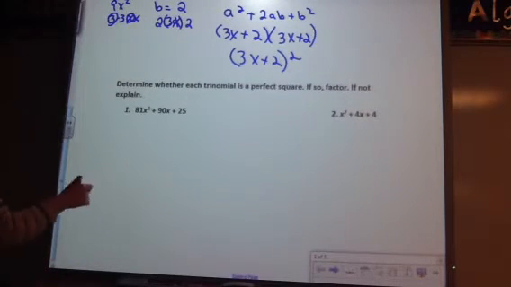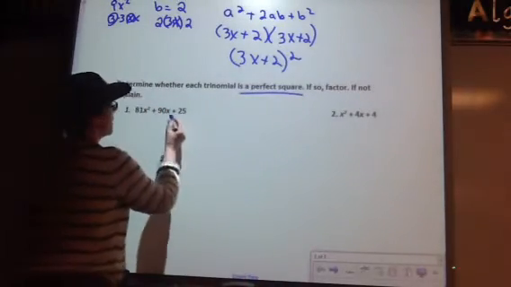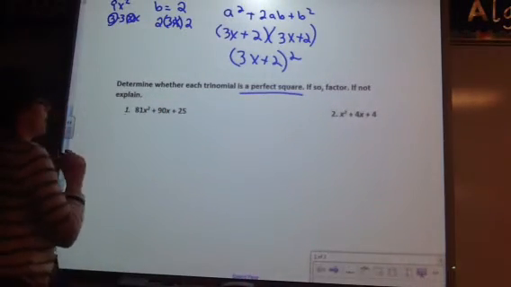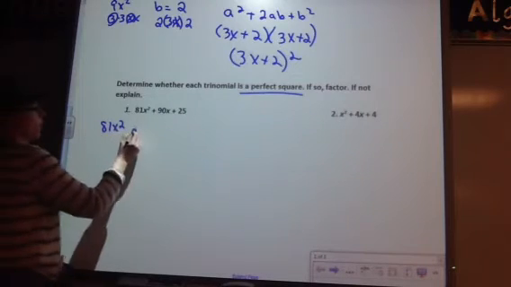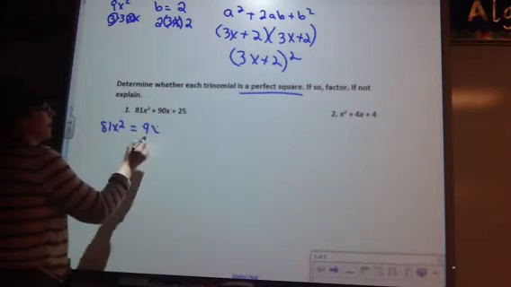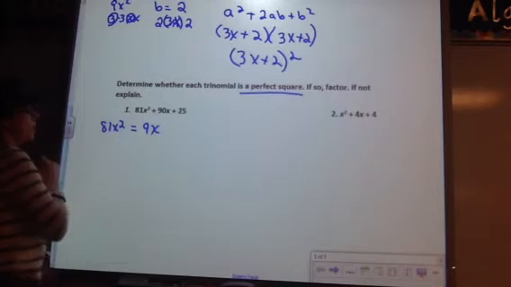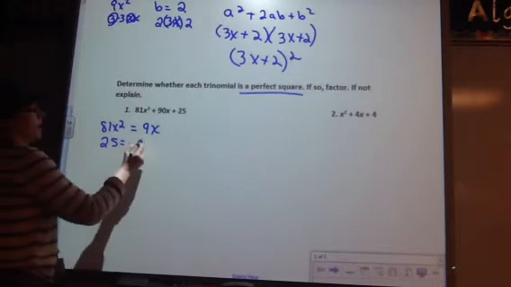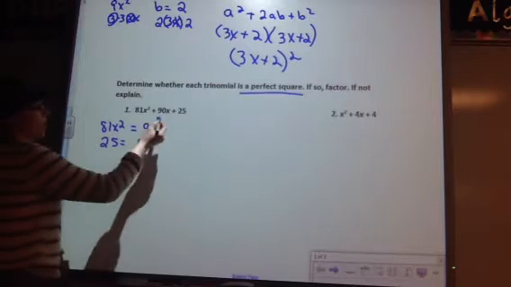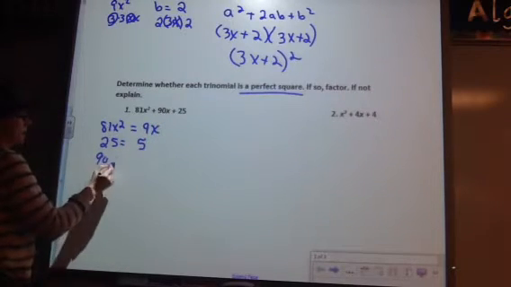Okay, y'all ready to try some of this? Okay, so in order for the perfect square to work, that last term has to be positive. It is. Check. 81x squared. Is that a perfect square? Yes, because 9x times 9x is 81x squared. 25. Is that a perfect square? Yes. 5 times 5 is 25. Now let's look at this 90x.